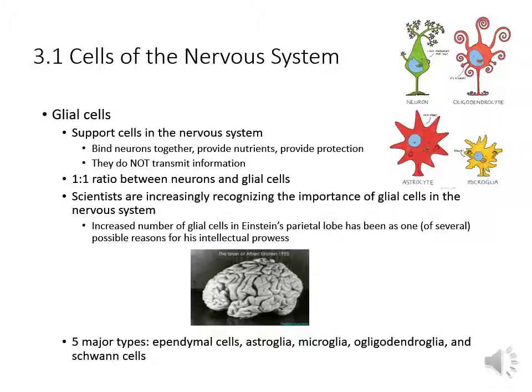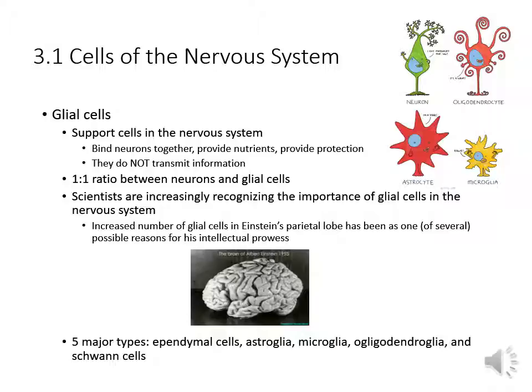And one hypothesis has been the fact that there were increased numbers of glial cells overall in Einstein's brain, but particularly in this area of the parietal lobe, known as the association cortex. This can't be proven, obviously, because we have a sample size of 1. His brain was compared against, I think, 11 other people of a comparable age to him. So there's some indication, but it can't be proven.